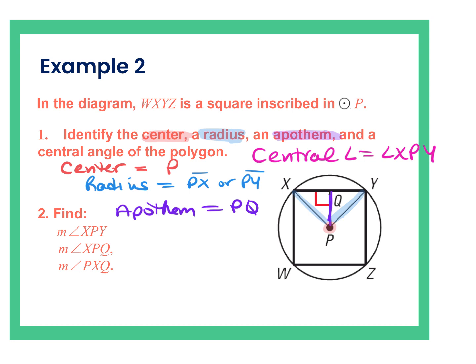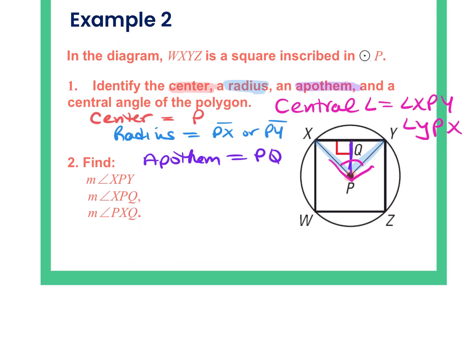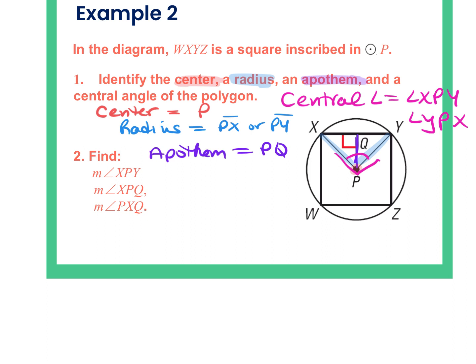You could also name it YPX. This is one central angle that's already drawn in here, with its vertex at the center. Next, they want us to find the measure of XPY, XPQ, and PXQ.